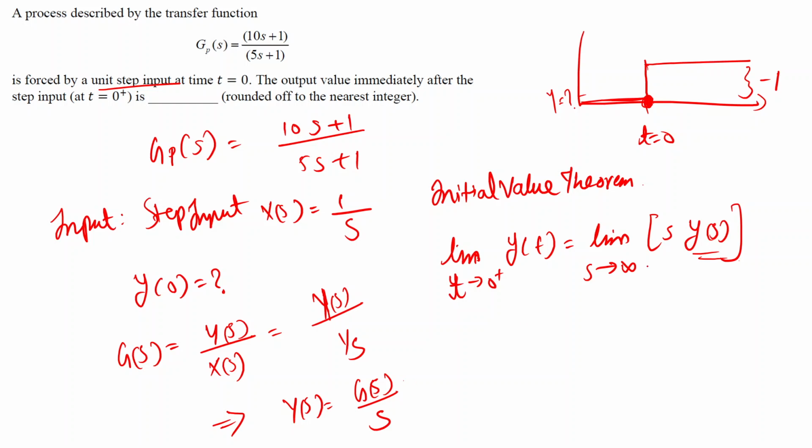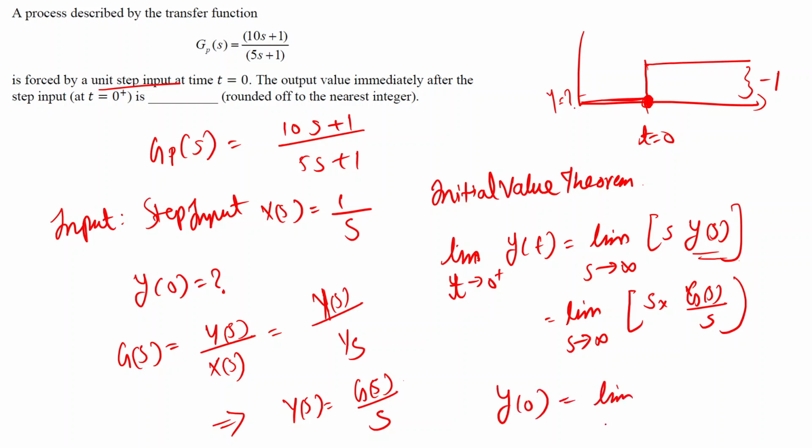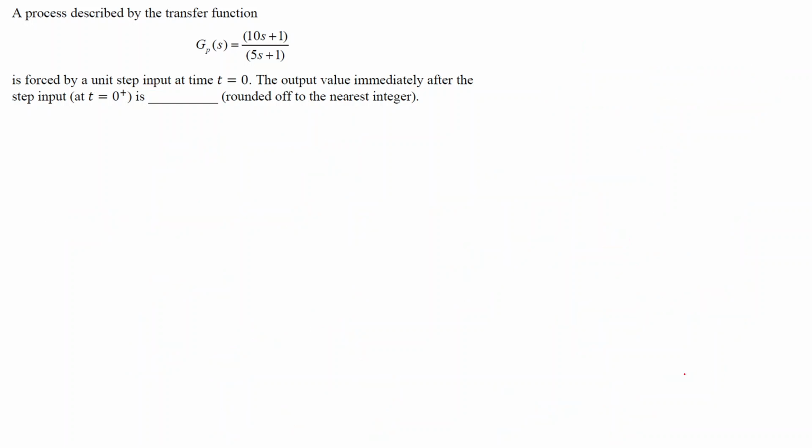We can put this over here and we get limit s tends to infinity s into G of s upon s, that is y of 0 can be written as limit of s tends to infinity G of s, or else we can put the value of s as infinity in this transfer function.